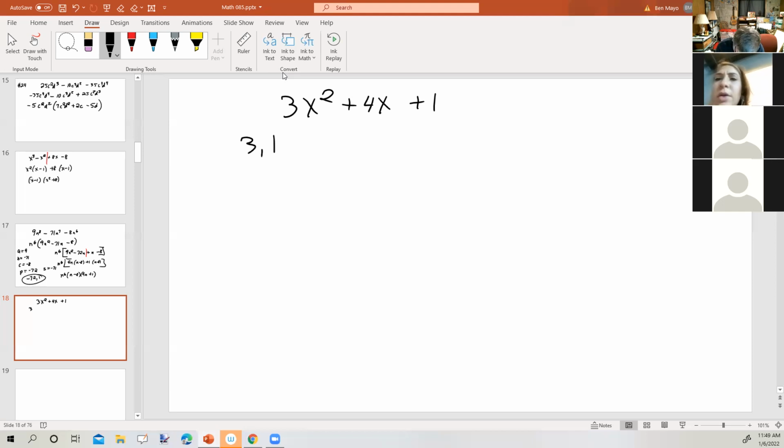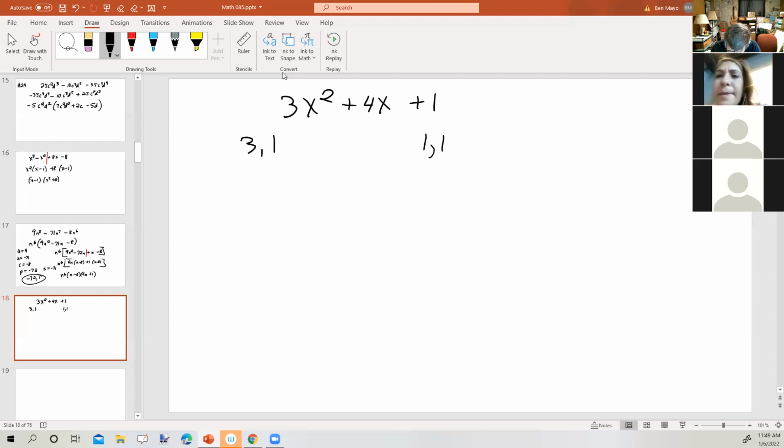So basically 3 and 1. Then we go to the last term and write all the factor pairs of that number, which is basically just 1 and 1. This is a fairly simple one. We'll look at some more complicated ones as we go.